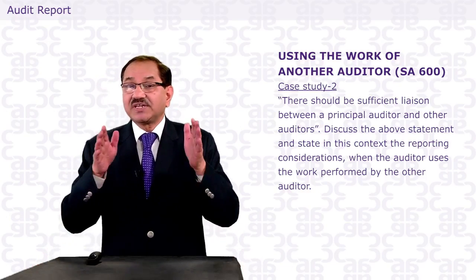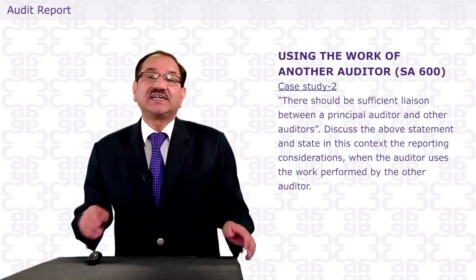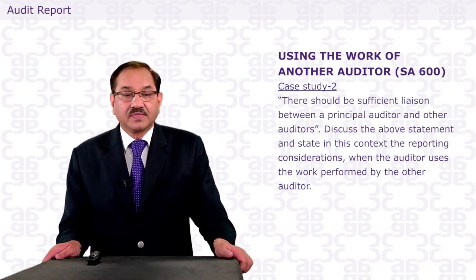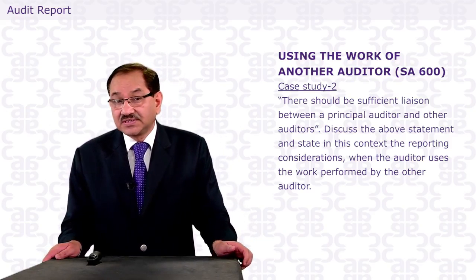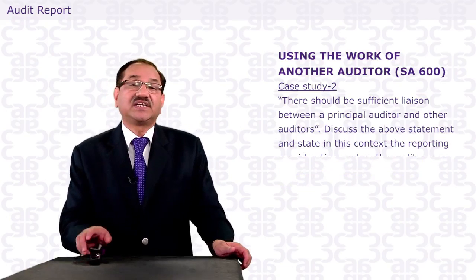So this statement is true as per SA 600 that there should be sufficient liaison between the principal auditors and branch auditors. So that is SA 600. I hope you have a fair idea about why this standard is there and what its requirements are.